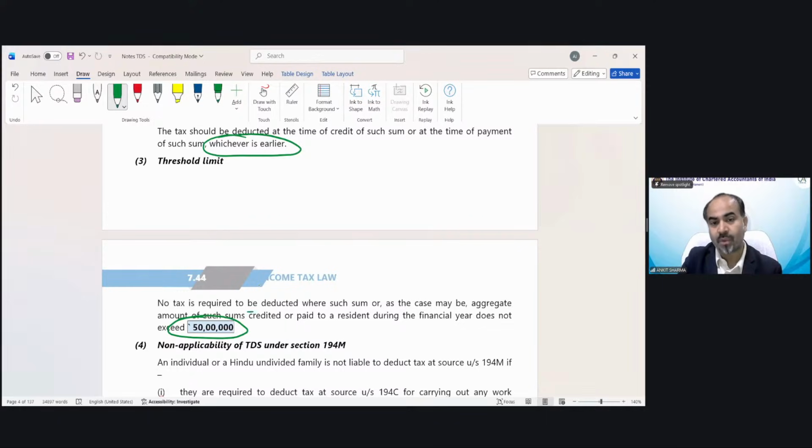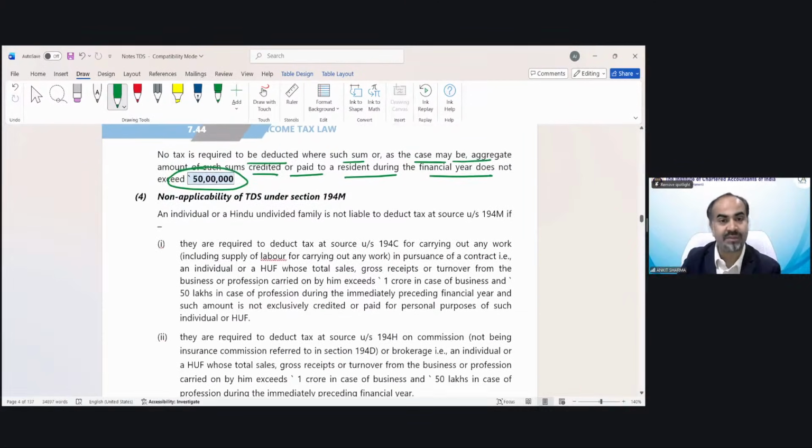No tax is required to be deducted where such sum, or the aggregate amount of such sums credited or paid to a resident during the financial year, does not exceed 50 lakh rupees. Now, non-applicability is very interesting.